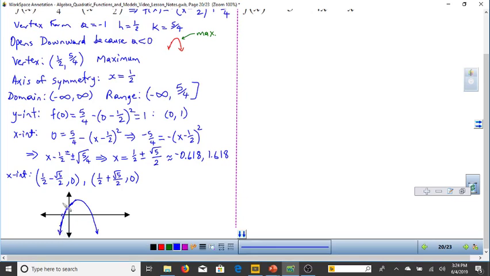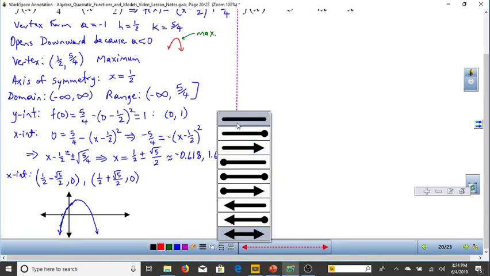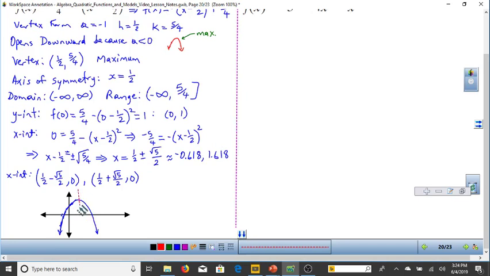Okay, so our axis of symmetry passes through the vertex, and of course that equation is the line x equal to half.